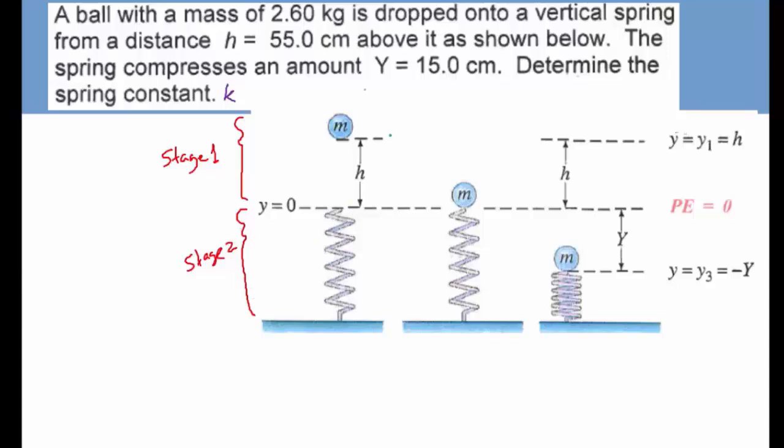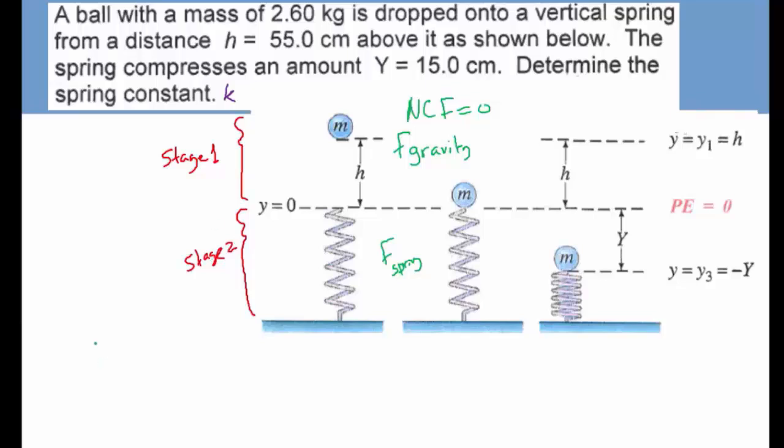Now, in both stages, the work done by non-conservative forces is 0. In stage 1, the only influence is gravity, while in stage 2, the only force applied is the force by the spring, and both of those forces are conservative forces. Hence, the law of conservation of mechanical energy can be applied on both stage 1 and stage 2.